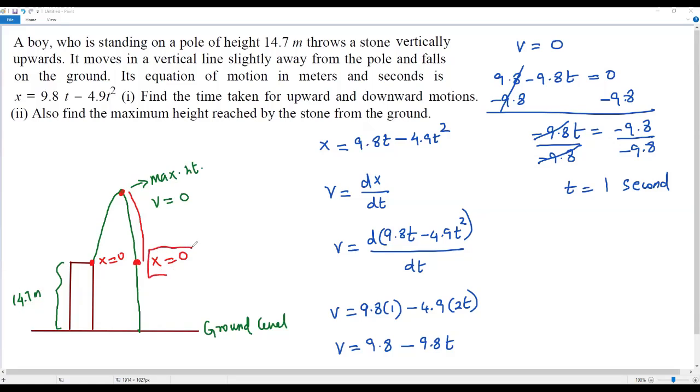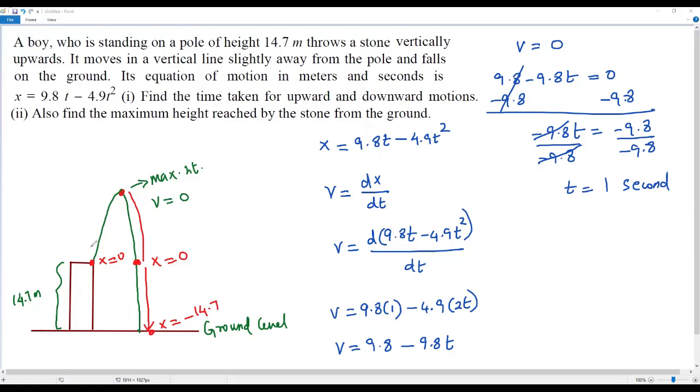We know that this is the position of x equals 0. So again, it has to travel 14.7 meters to reach the ground level. Then what is the value of x at the ground level? It is x equals negative 14.7, because this position is x equals 0 and since it comes down, the value of x will be negative 14.7.